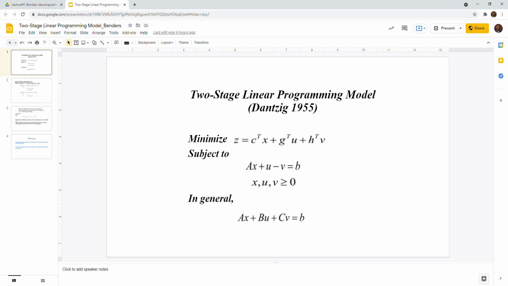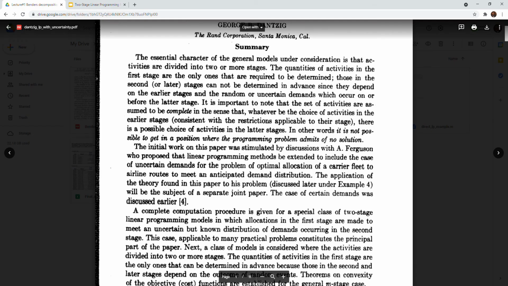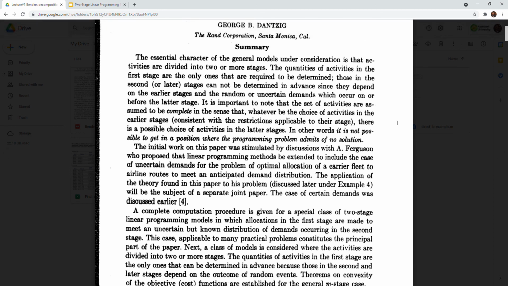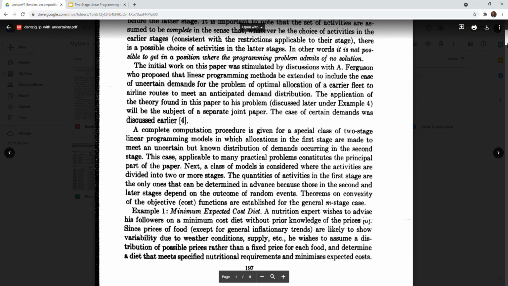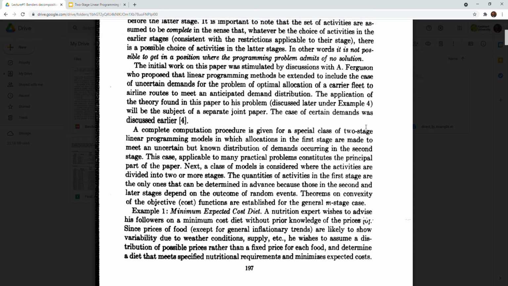Okay, so now we go back to the paper again. I'm not going to read all of this, but it's a historical moment for this type of problem. We're going to go to only some main content here.